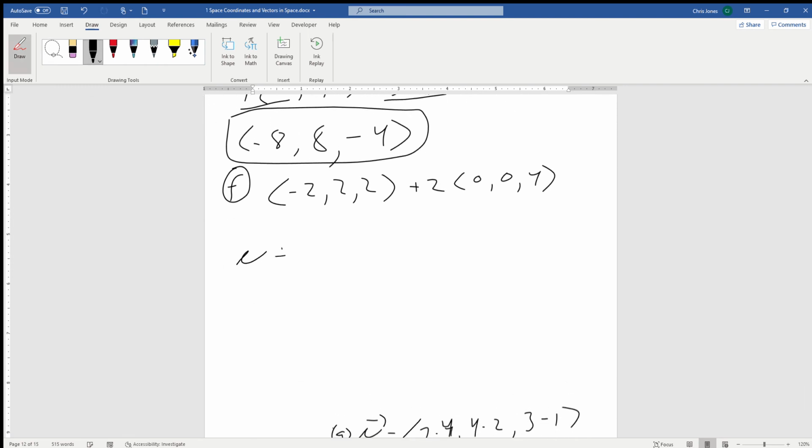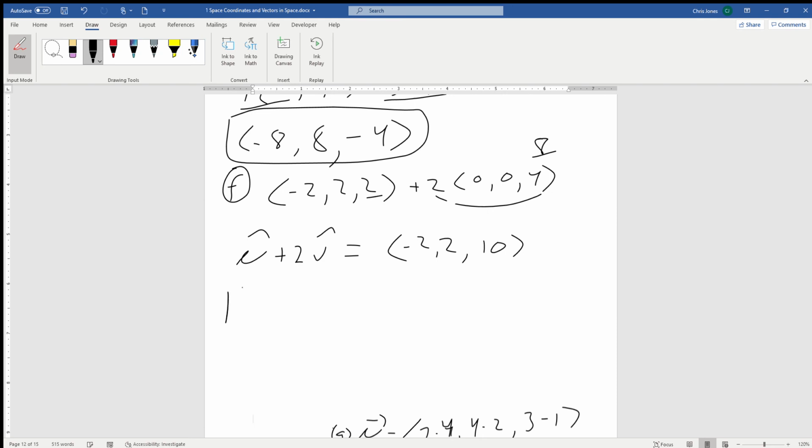So u plus 2v is going to be equal to negative 2, 2, 10. Again, 2 times 4 gives us 8, and then 8 plus 2 gives us that 10.